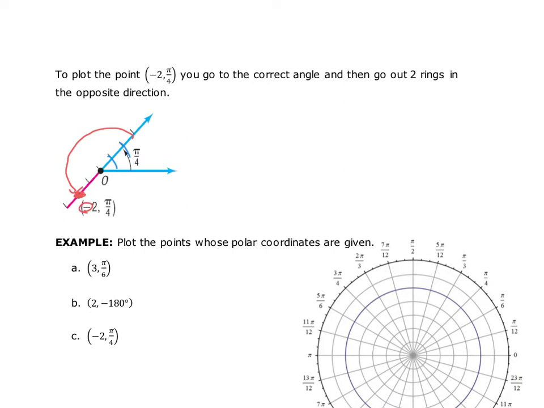Polar coordinates in and of themselves are not unique. I can describe this point right here as the point (-2, π/4). I can also describe this as (2, 5π/4). This point will land in the exact same place as (-2, π/4).